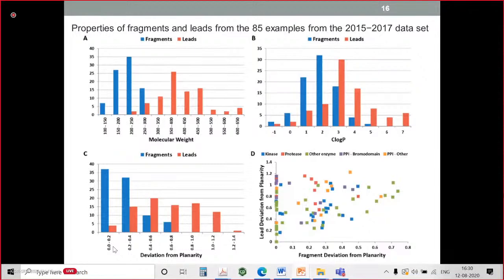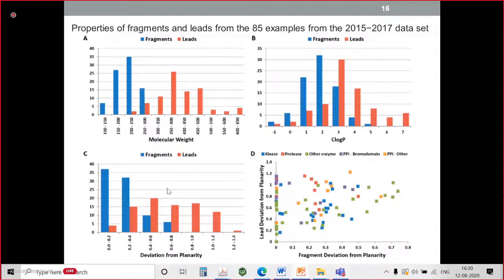In the case of the lead molecule, the planarity is somewhat disturbed because of the linkage. So you may not see much planarity for the lead molecule, which later tends to become a drug molecule.